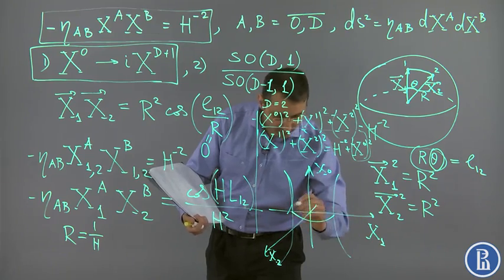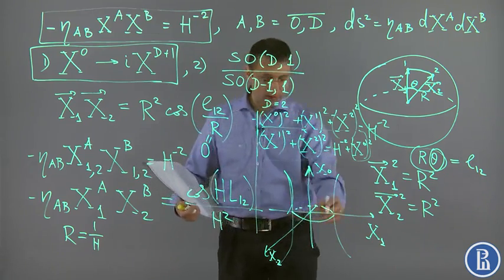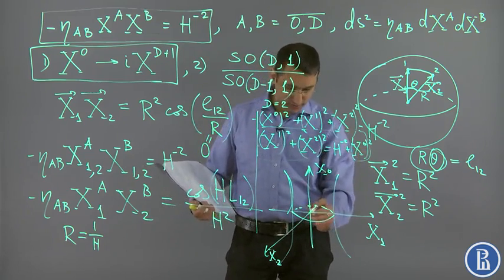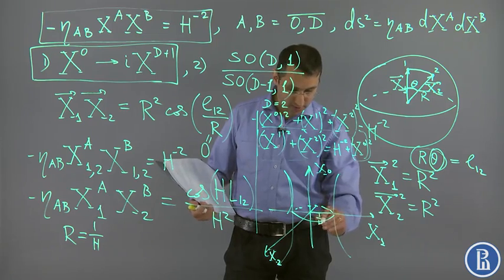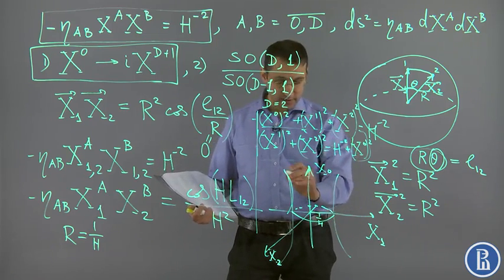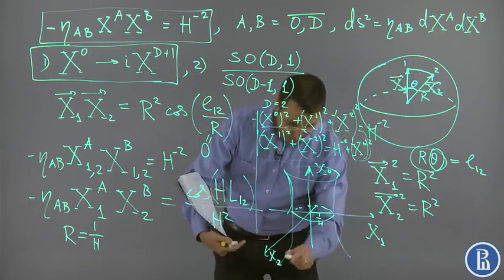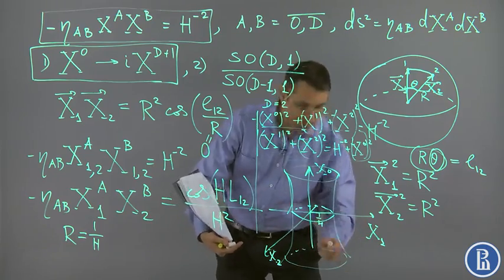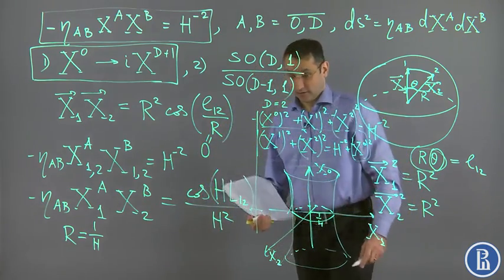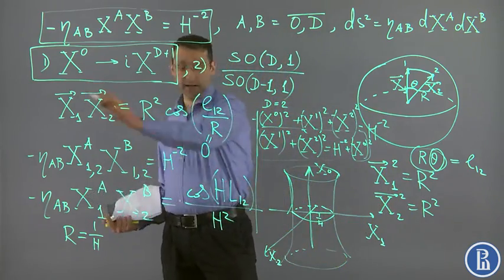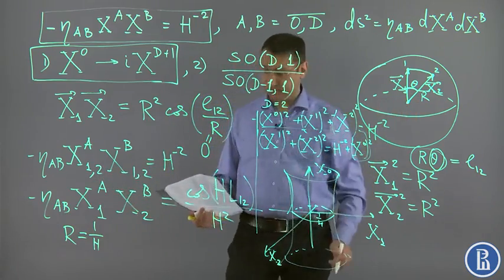It has minimal radius of the circle at x0 equals 0, which is just 1 over h. But then as x0 increases, the radius increases to infinity, and also increases to infinity in the backward x0 direction. So under Wick rotation, this hyperboloid is mapped to the sphere.